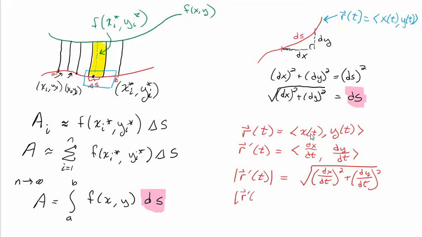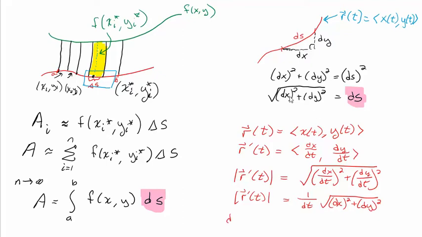Let's see what that looks like. I could factor out a dt squared, take the square root of it, and then I'd be left with the square root of dx squared plus dy squared. That's what I have up here for ds.